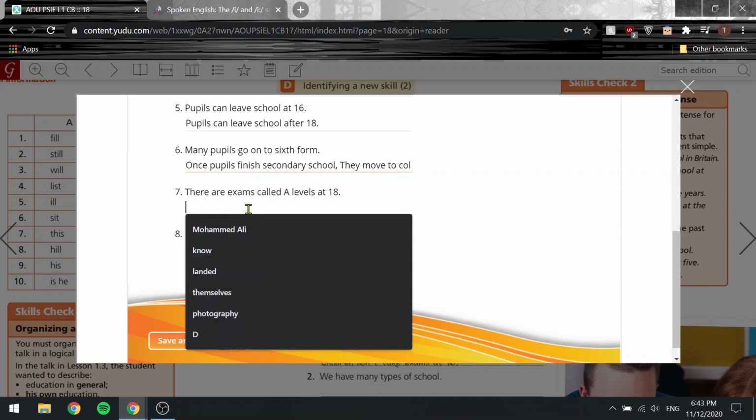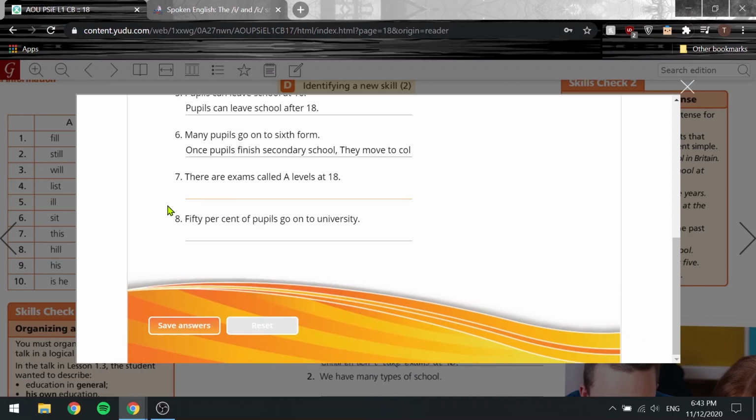Okay? There are exams called A-levels at 18. So for that, I'll say there is an exam called GAT.